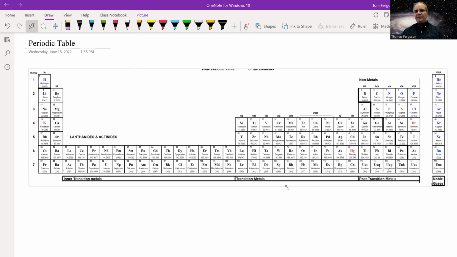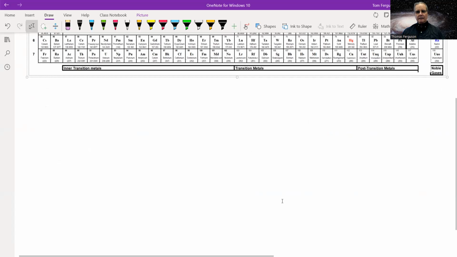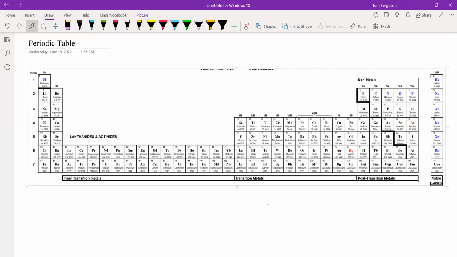Now I want to talk about the periodic table. This is what the periodic table really looks like. It's much skinnier than the one up there.